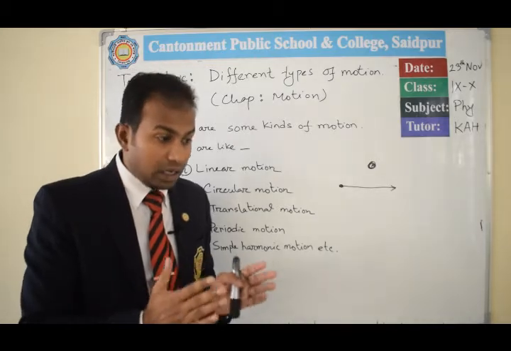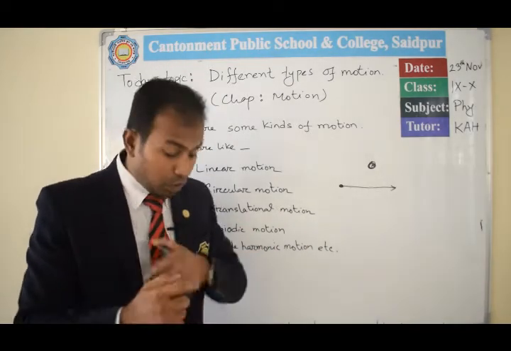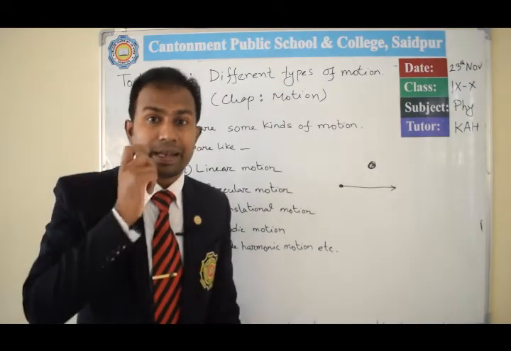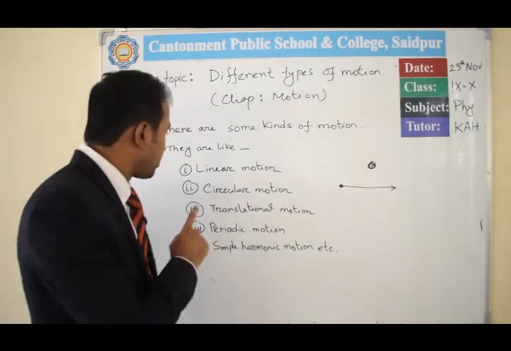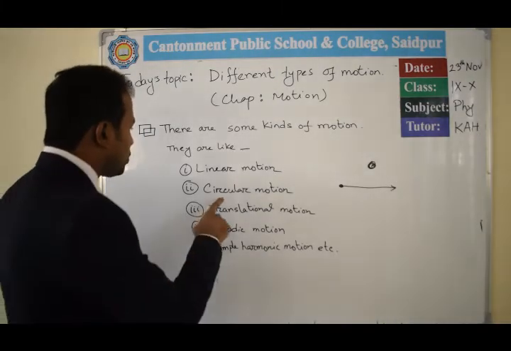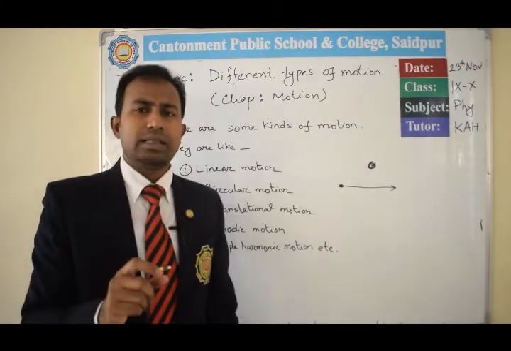That's why the car is going on. So the motion of the wheel, the motion of the needle of the watch, and the motion of the fan are circular motion. A very good example of circular motion is the moon.